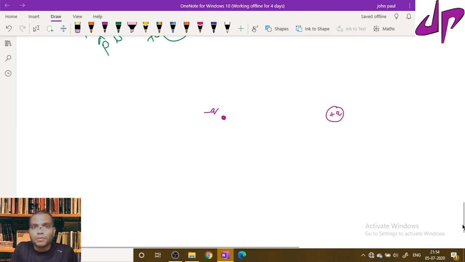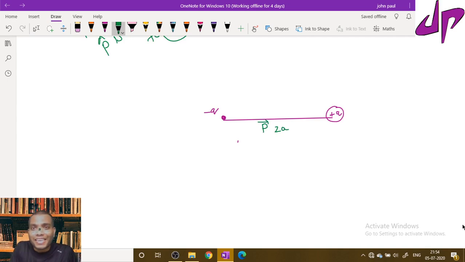The distance between them is 2a. And the dipole moment direction P bar is from the negative to the positive charge.